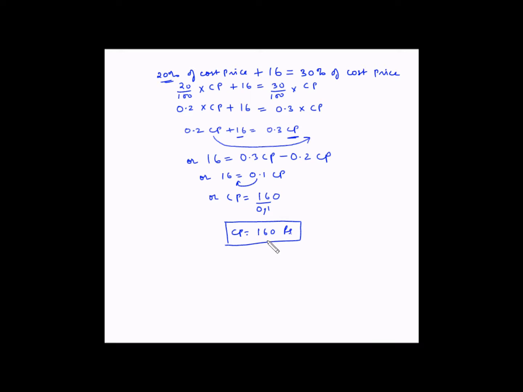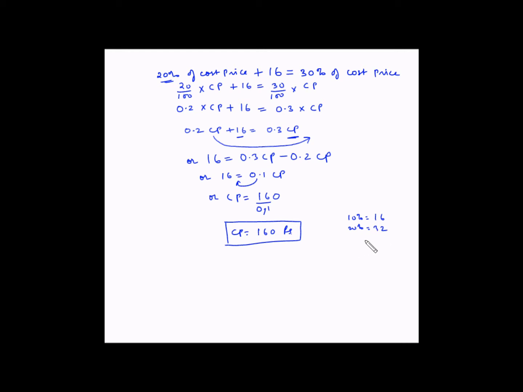Now let's do a quick validation. We are saying that 20% of the cost price plus 16 rupees is 30% of the cost price. So what is 20% of rupees 160? 10% would be easier to calculate. 10% means we'll remove 10, put a decimal point here. So 10% is equal to 16 and 20% is equal to 16 multiplied by 2, which is 32.